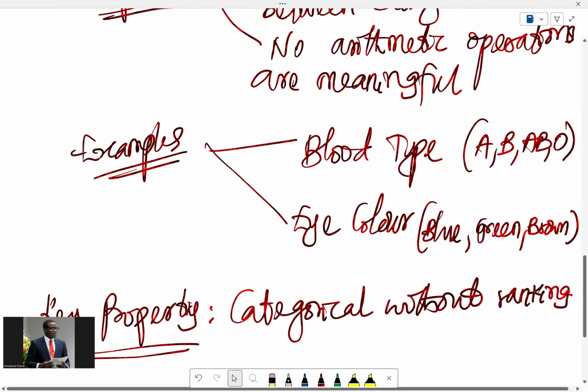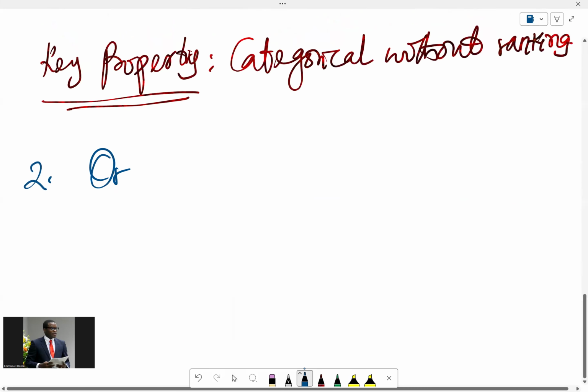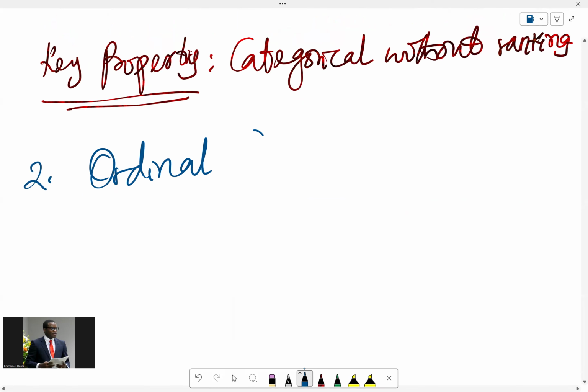So let's talk about ordinal scale. The second type of scale is ordinal. Number two, you have ordinal scale.